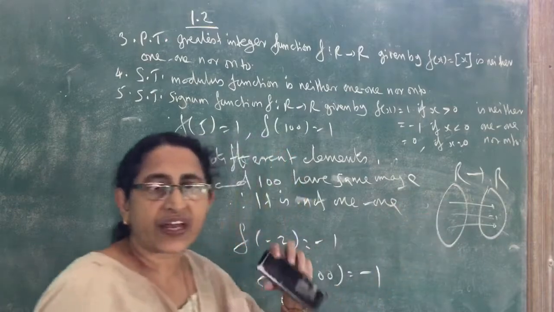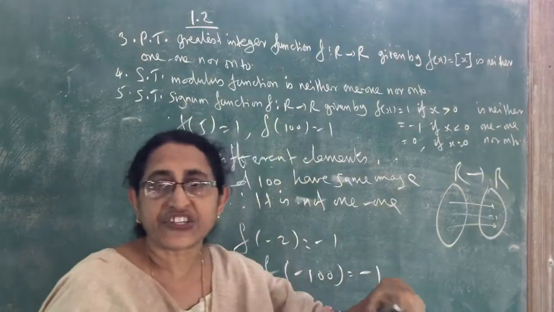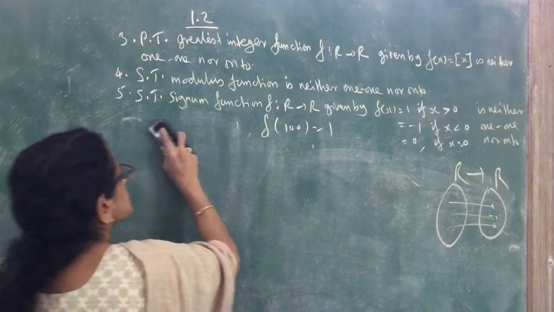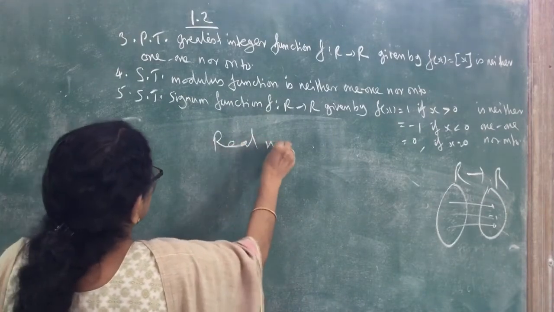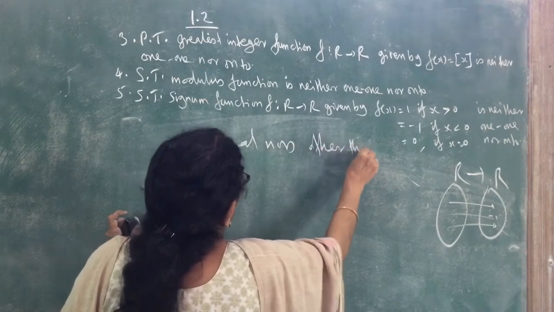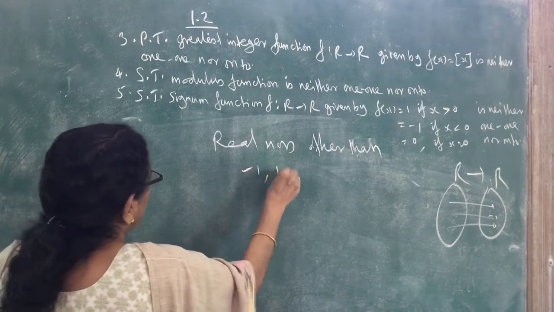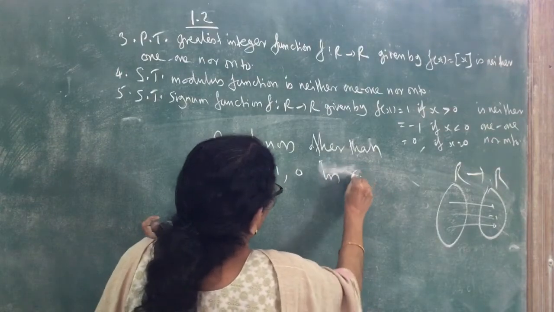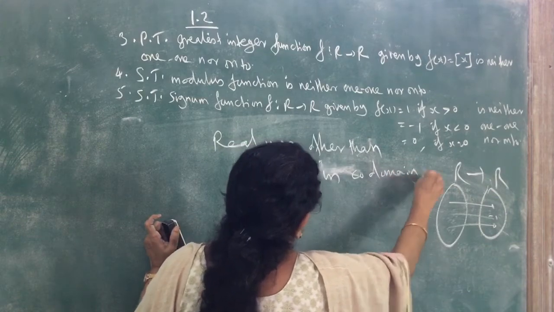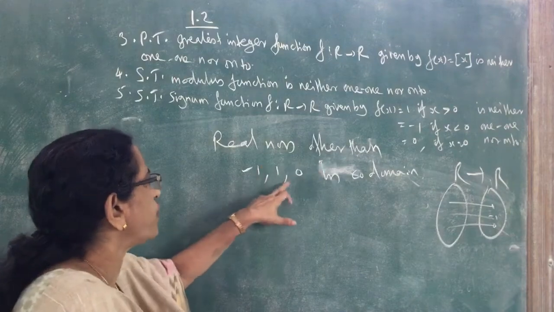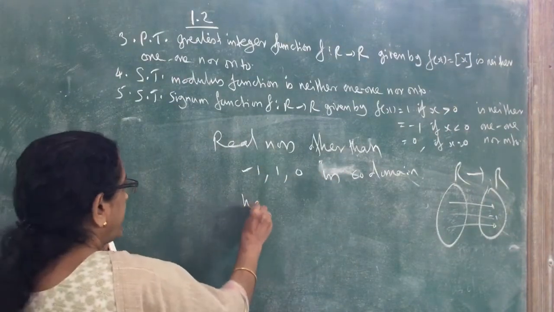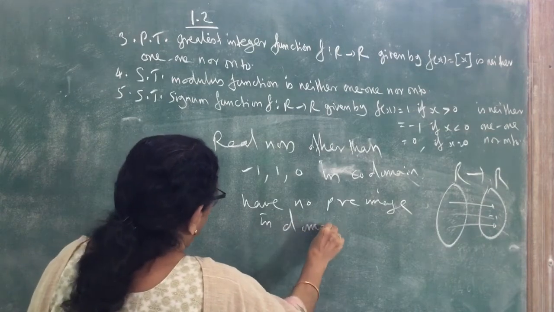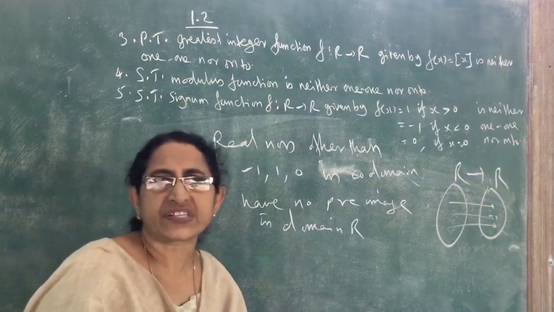So we can write: the real numbers other than negative 1, 1, 0 in the codomain have no preimage in the domain R. Therefore, it is not onto. So we have proved it is neither one-one nor onto.